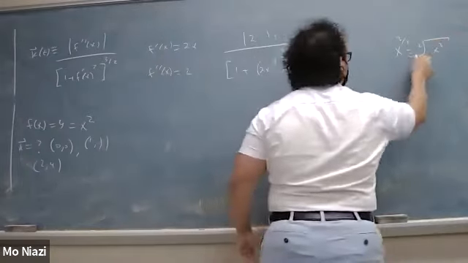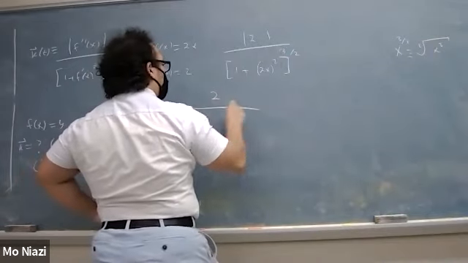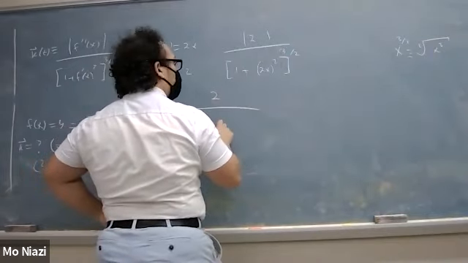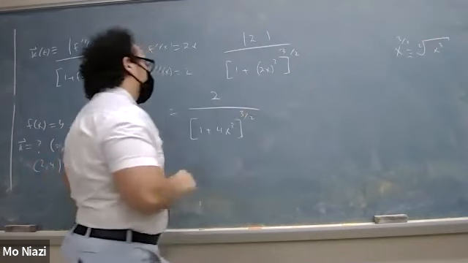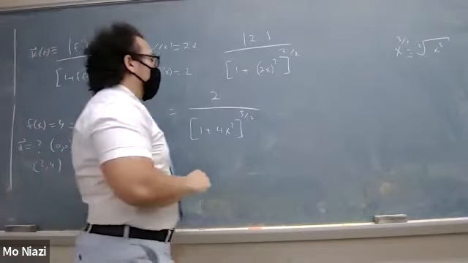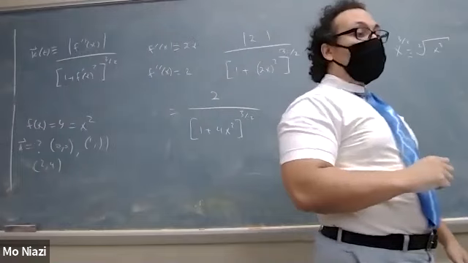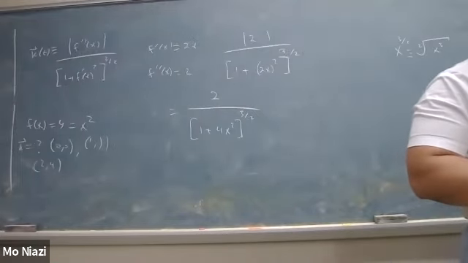Okay, so now we get 2 all over 1 plus 4x squared, to the 3/2. But we aspire to evaluate it at these points (0, 0), (1, 1), (2, 4). You could do that.